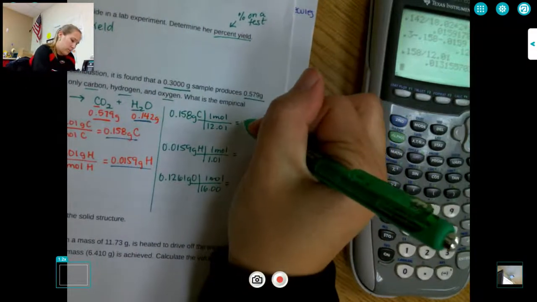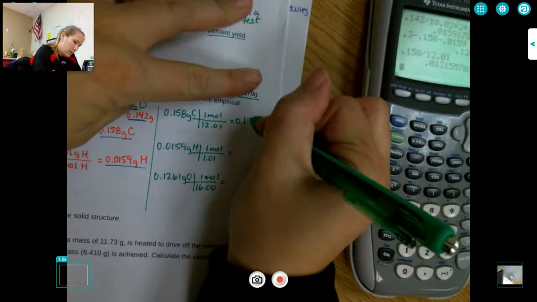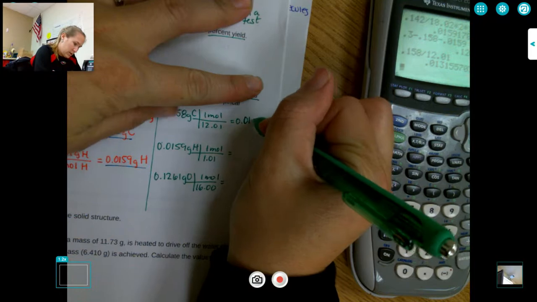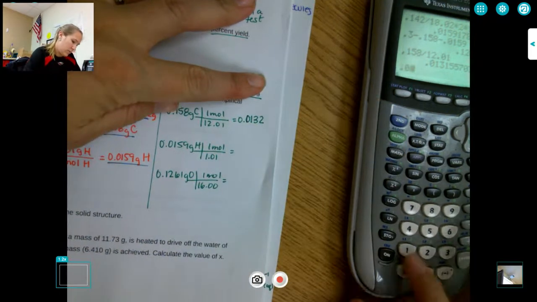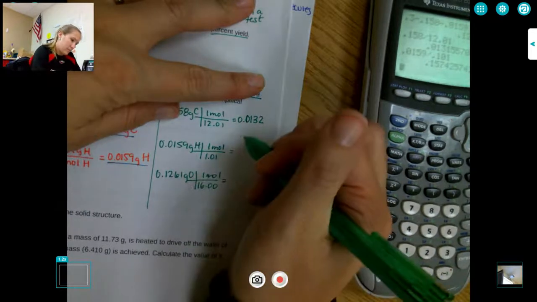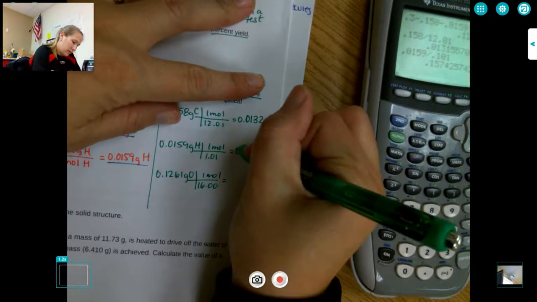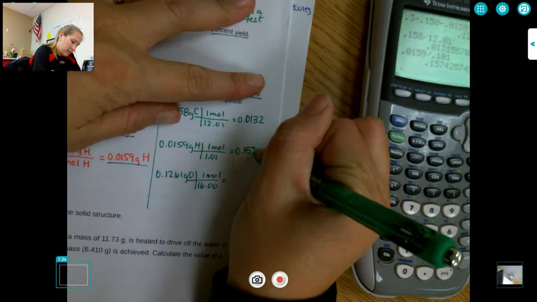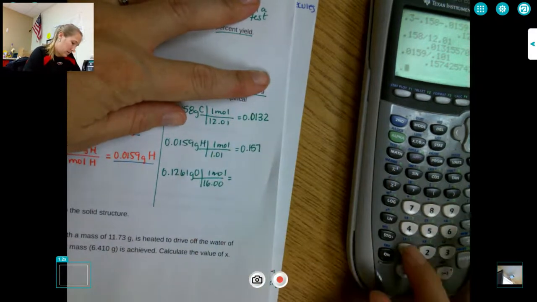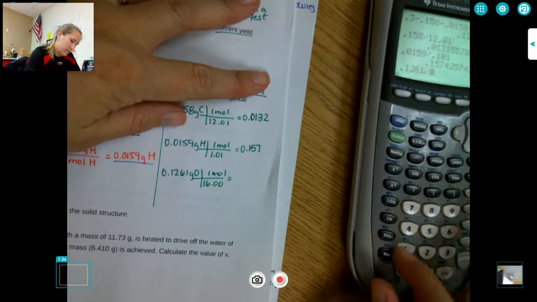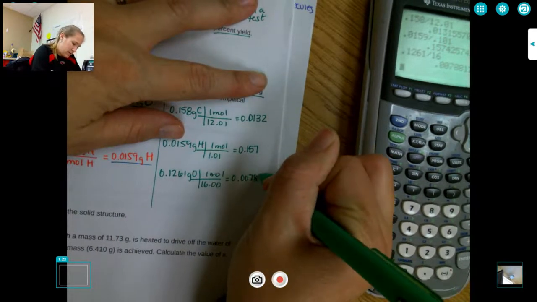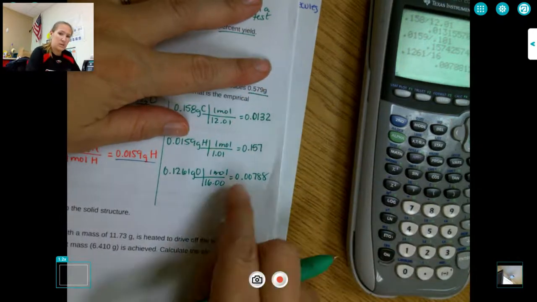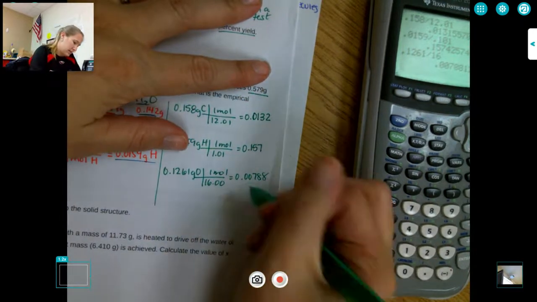So 0.0132, 0.158, 0.0788. Divide by small, so my smallest value is this one.